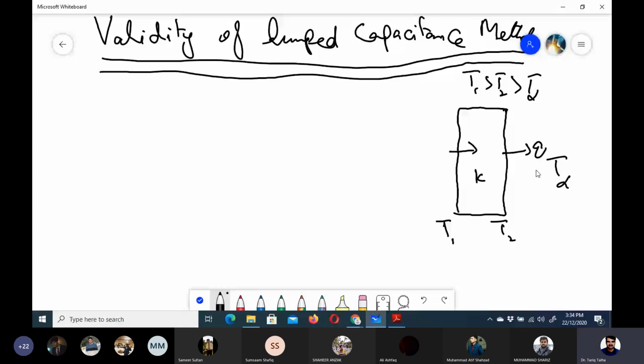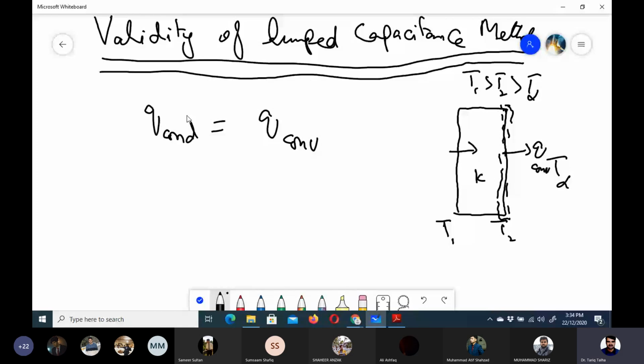If we apply an energy balance at this wall surface, we can write that Q of conduction is equal to Q of convection. What would be the Q of conduction?